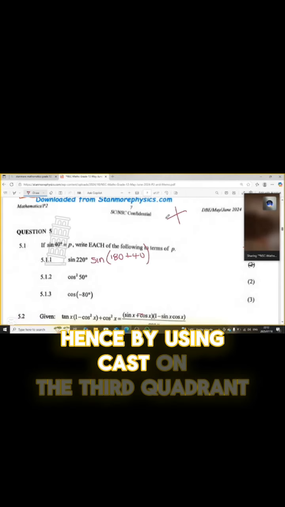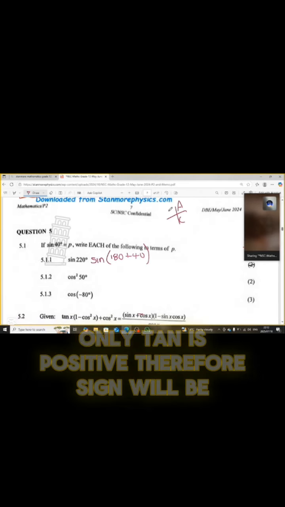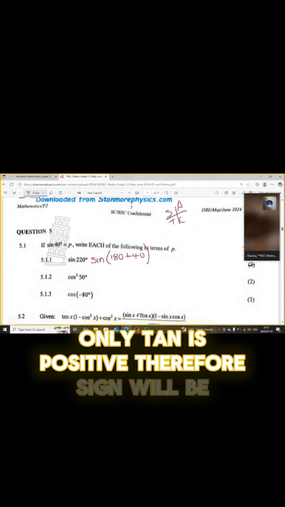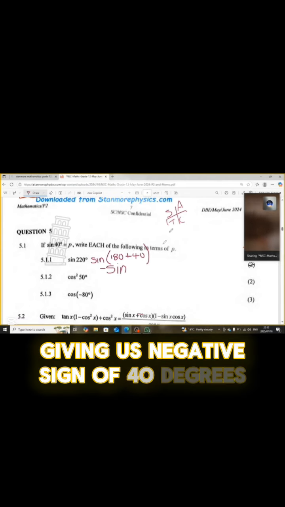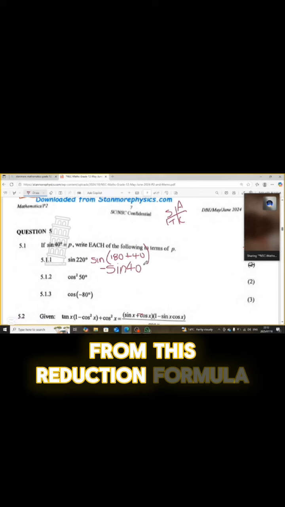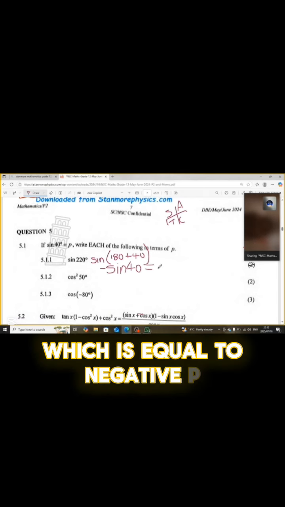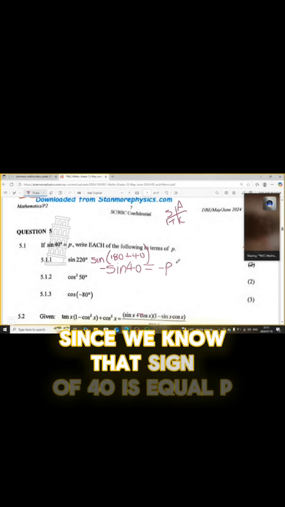Hence, by using CAST, on the third quadrant only tan is positive, therefore sine will be negative, giving us negative sine of 40 degrees from this reduction formula, which is equal to negative p, since we know that sine of 40 is equal to p, as given in the statement.